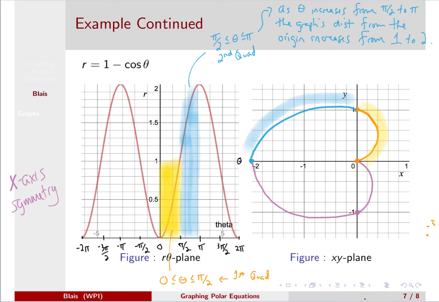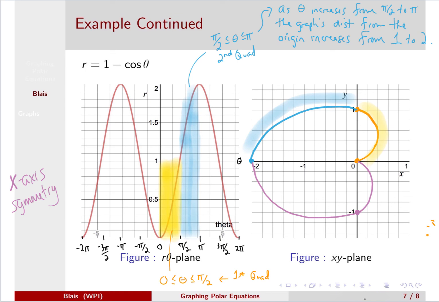Now note, we could have continued. We could have looked at this region for theta going from pi to 3 pi over 2. That would sweep out the third quadrant, and we would have said r, the distance from the origin, fell from 2 down to 1. And we could have drawn this.